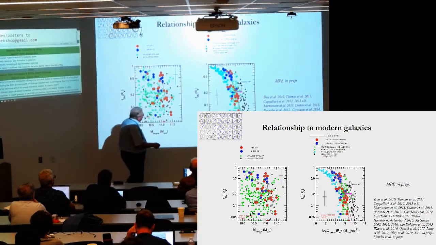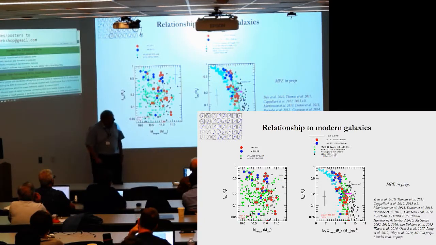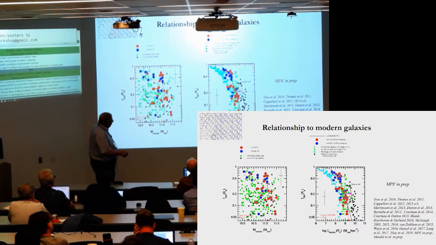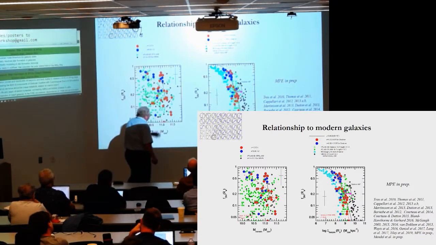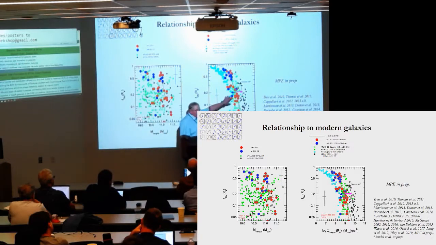Then we have a new sample from Mendel et al., which is a KMOS sample at redshift 1.4 to 2, also early type galaxies. So they also could be descendants. They are on that side. And then finally, there are the disks of McGaugh, and he always insists it's all surface density. Yes, that's right, but it's set up at the very highest redshift.